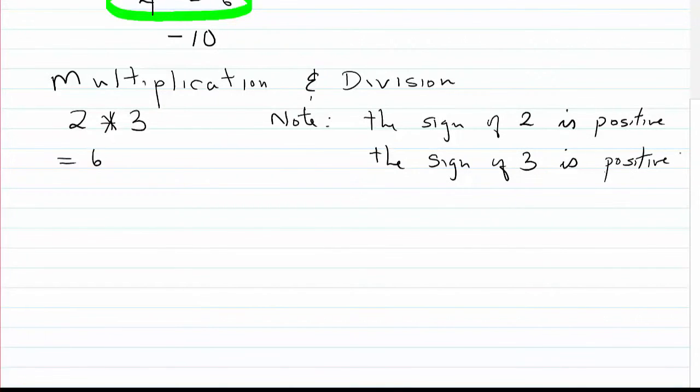And very important, the answer, or the product, is positive.